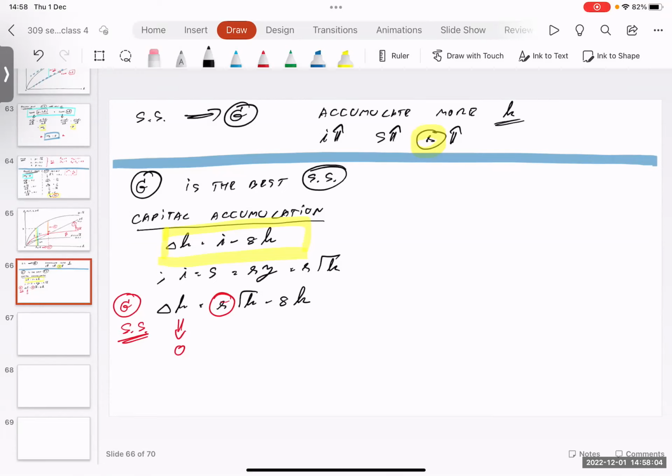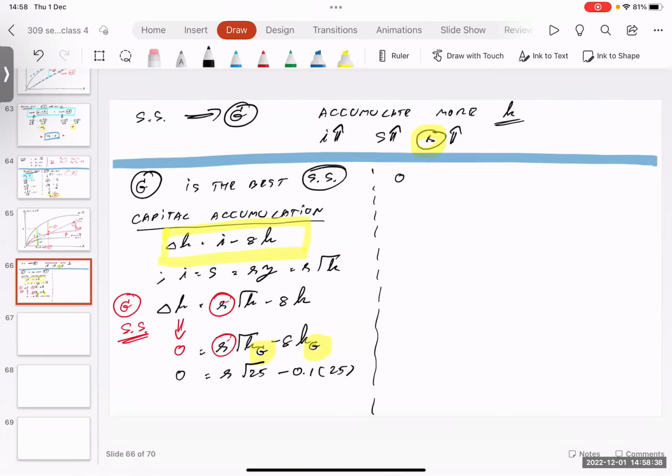Then what I get is 0 equal to S square root of K, where K here I'm going to use KG, minus delta KG. I put the condition of the golden rule inside the equation, and everything we know except the saving rate, because that is the one we want to find. I got 0 equal to S square root of 25 minus 0.1 multiplied by 25.